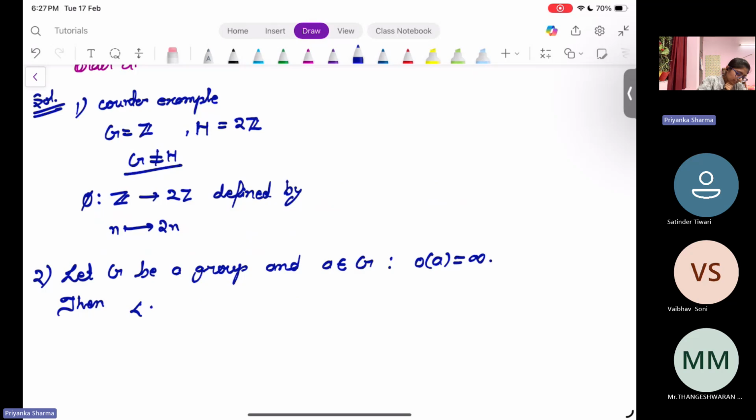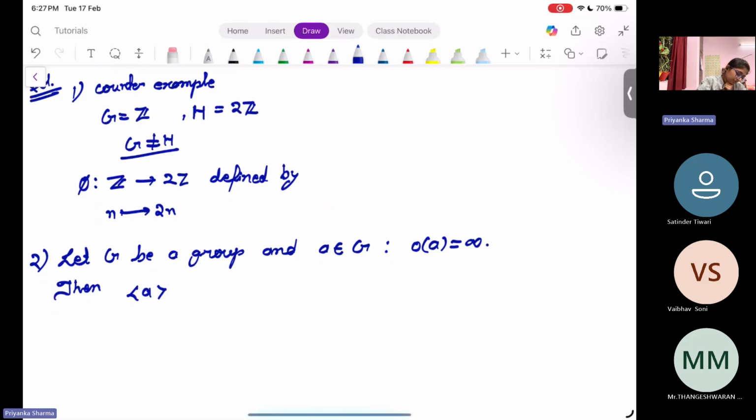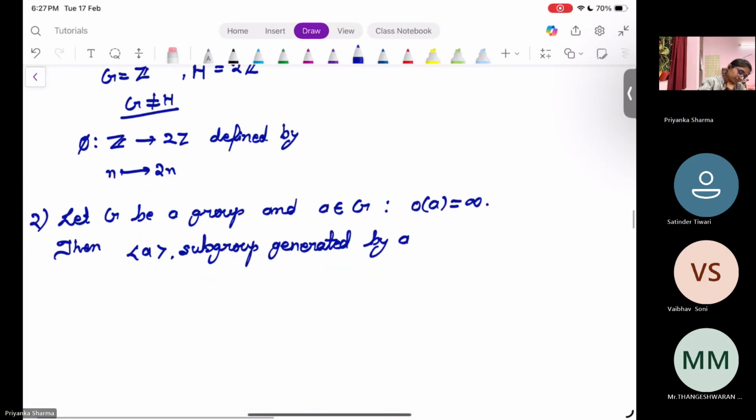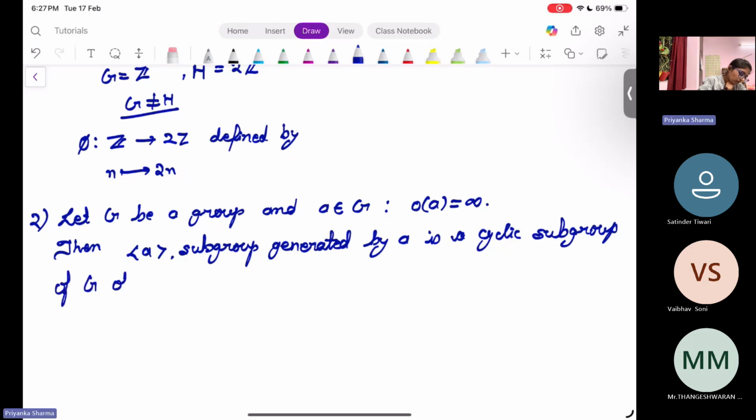Then naturally we can consider the subgroup of G generated by the element a. This subgroup generated by a is a cyclic subgroup of G of infinite order.